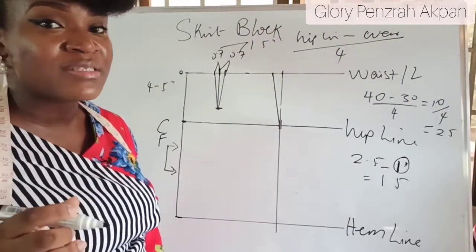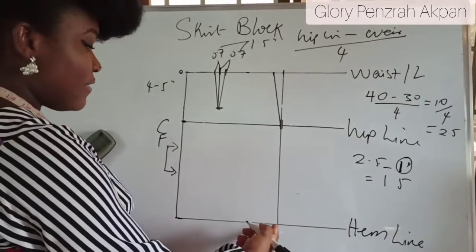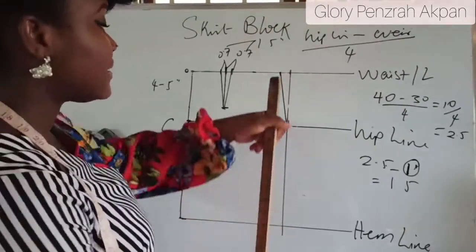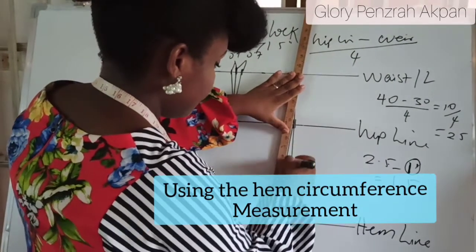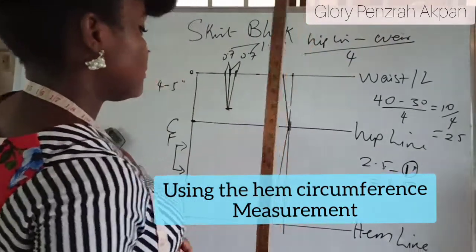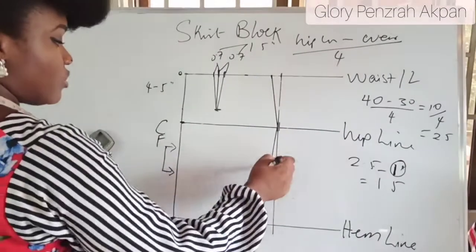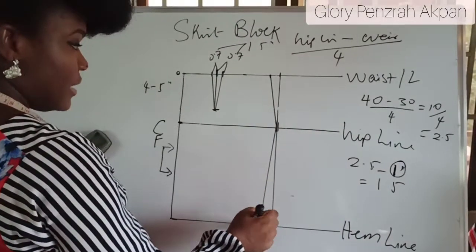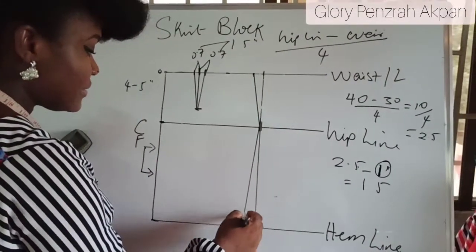But if you want this skirt to be penciled or tapered, then you would have to come here and slant the side in. Now, how do you know how much to slant?